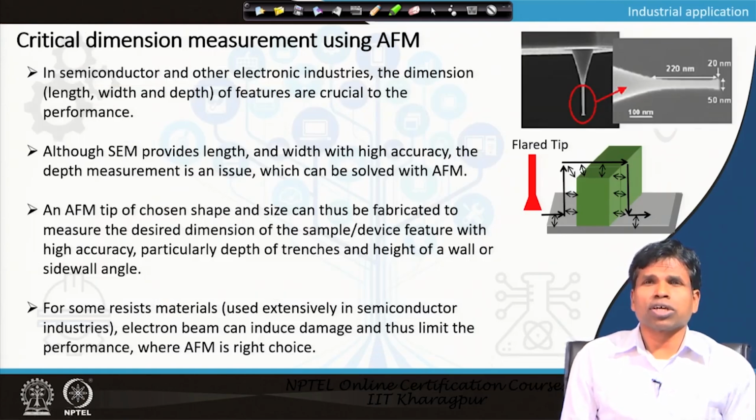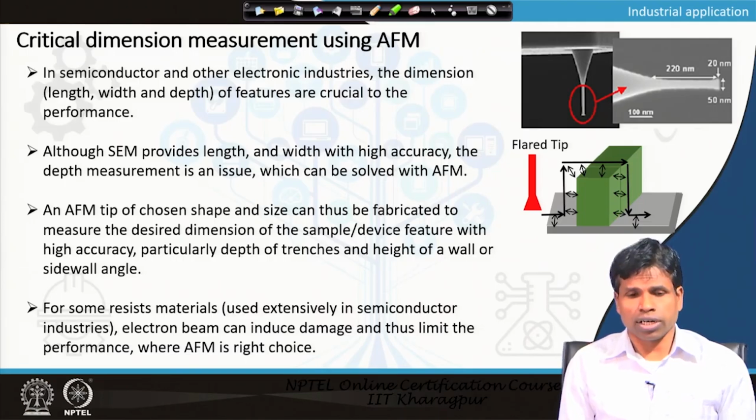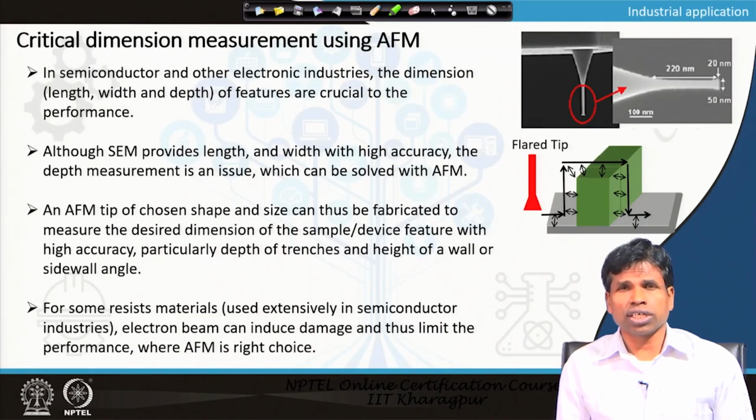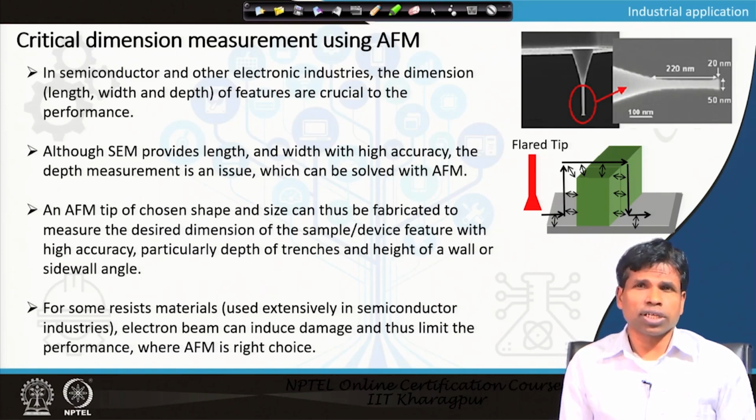Particularly for the semiconductor or electronic industry, critical dimension measurement is very important, particularly measuring the height of the features, which we cannot measure quantitatively using other techniques such as SEM, scanning electron microscope, or other microscopic techniques.